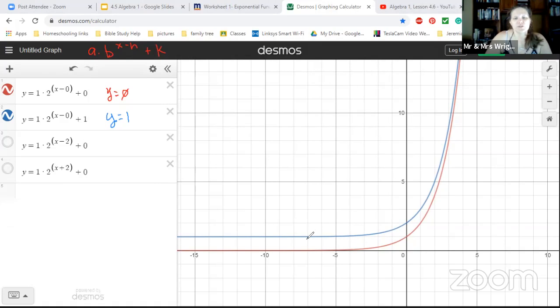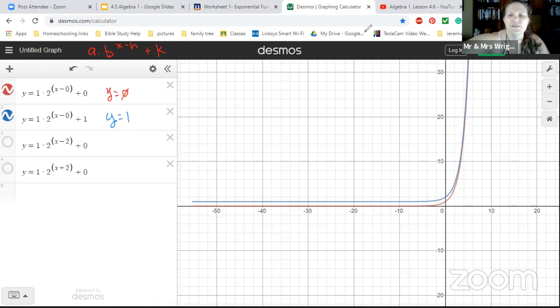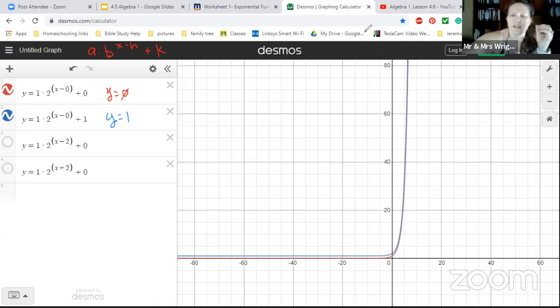So that means that this graph is approaching the y equals 1 line and will never, ever touch it or cross it, but it just continuously gets closer and closer to it without ever actually touching it. And as you can see, when we're moving upwards, it looks like they converge into one line here, right?